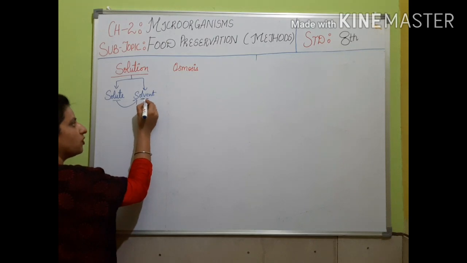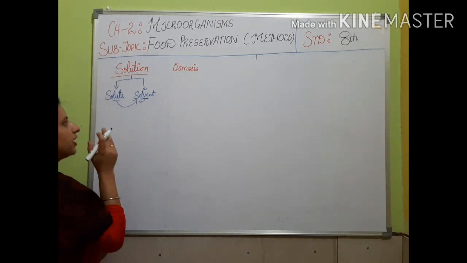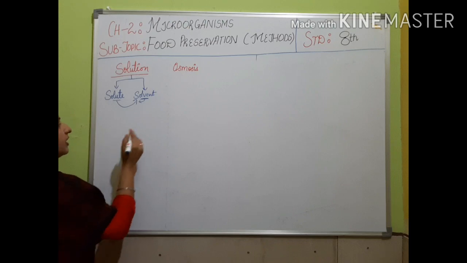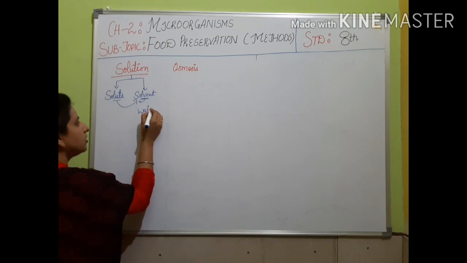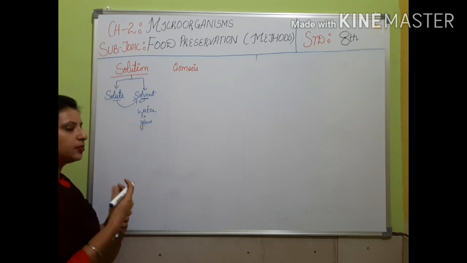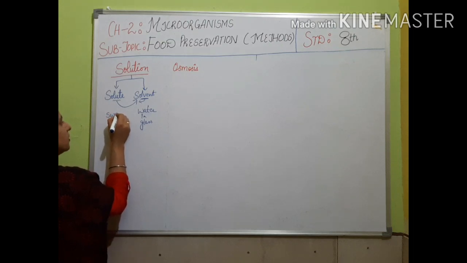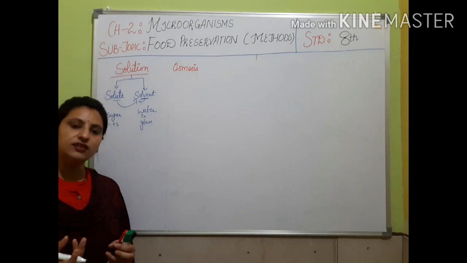For example, water in a glass can be taken as the solvent and 1 teaspoon of sugar can be taken as the solute.